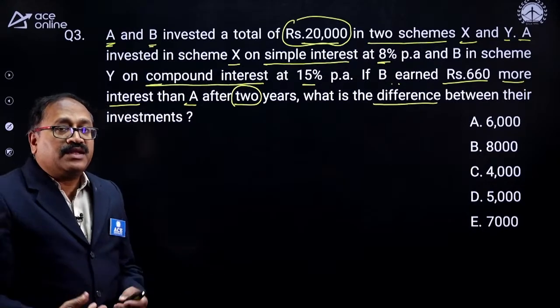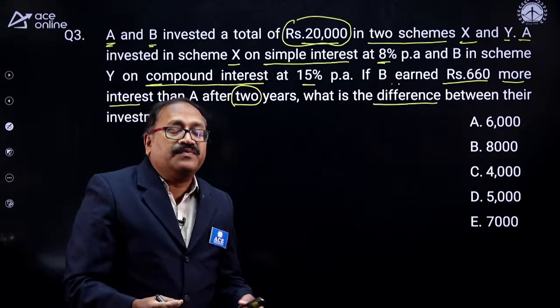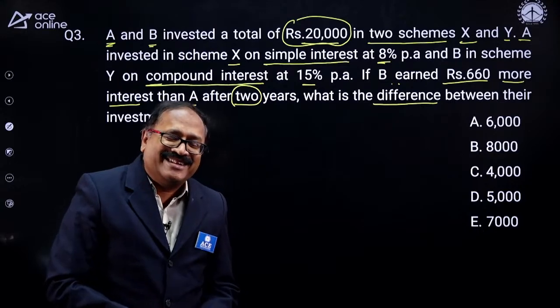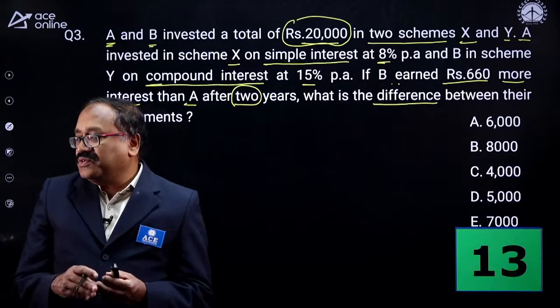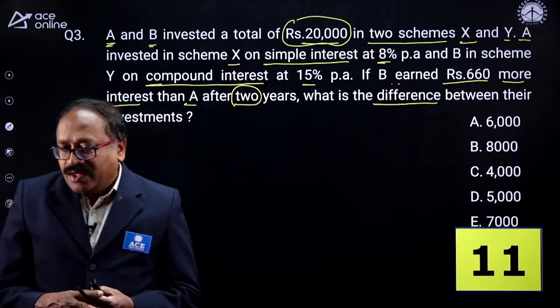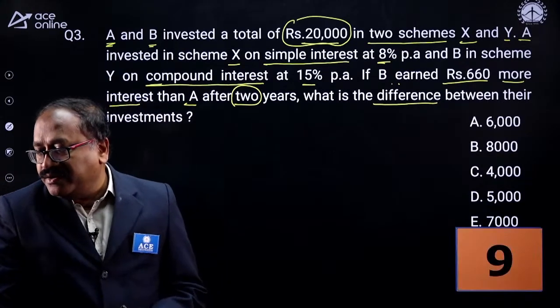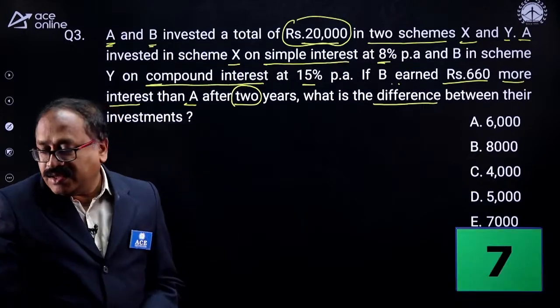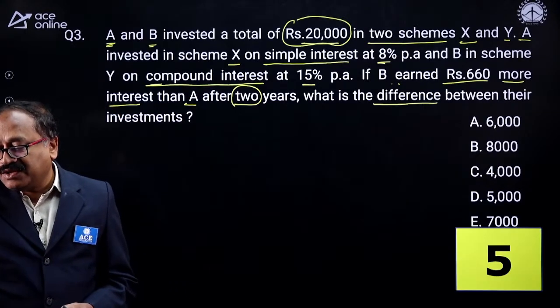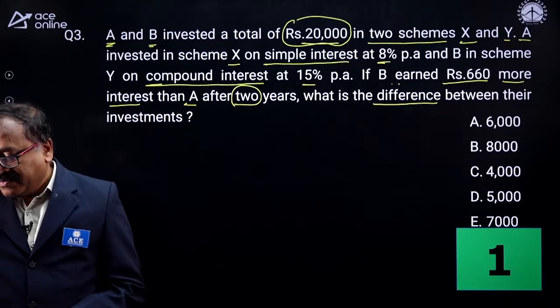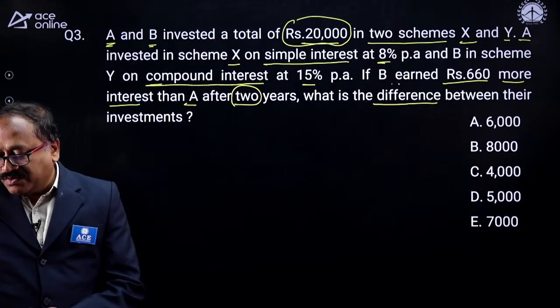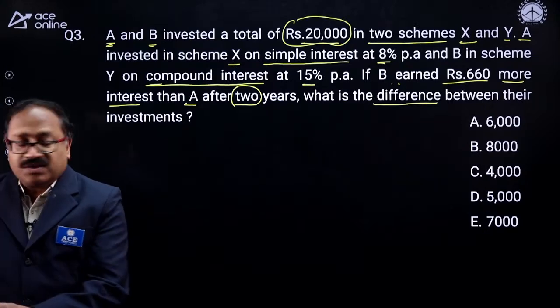The difference between the investment of A and B, the difference between X and Y. Come on, think of it. I am giving you 15 seconds only to think. So you can frame some idea, and then I will give you the best possible method to answer this question.